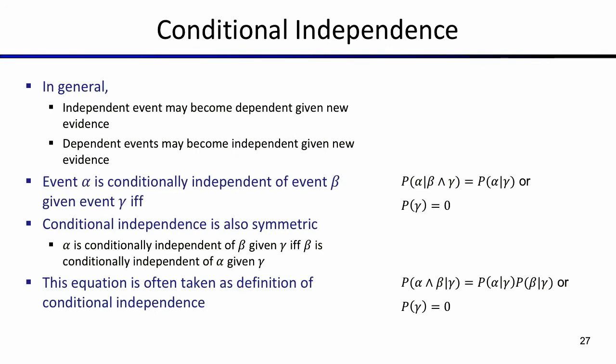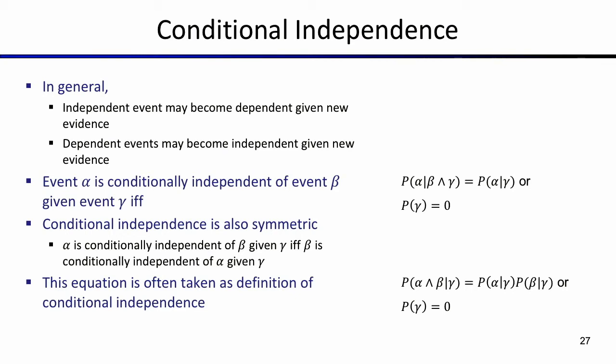So as we said, in general, if we have two independent events, they can become dependent if we have some new evidence. And at the same time, if we have two dependent events, they may become independent if we also have some new evidence. So let's look at the definition of conditionally independent events.